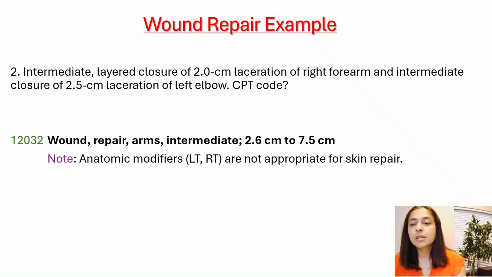So we're going to add 2 plus 2.5, which is 4.5. So there is one code, and for this code we do not worry about left elbow and right forearm. The note is anatomic modifiers like left and right are not appropriate for skin repair.